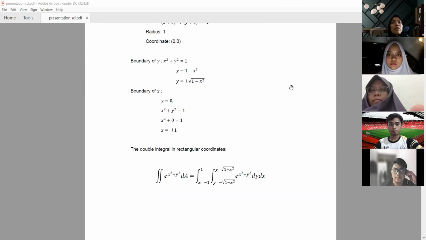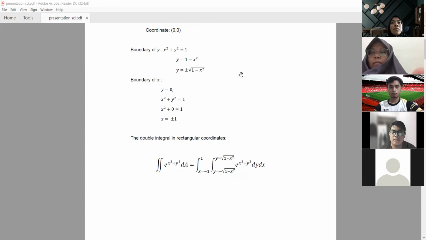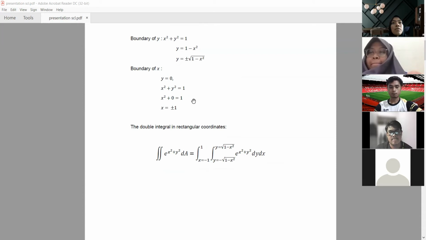We get the boundary of y from x squared plus y squared equals 1, and we get y equals positive negative square root of 1 minus x squared. For the x boundary, after we substitute y equals 0 into the equation, we get x equals positive negative 1.